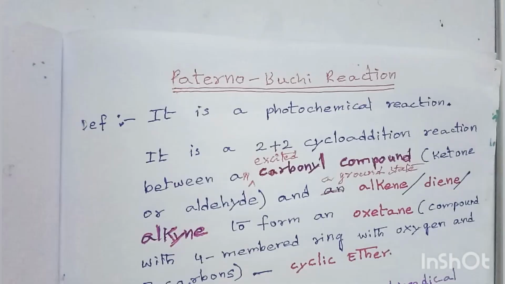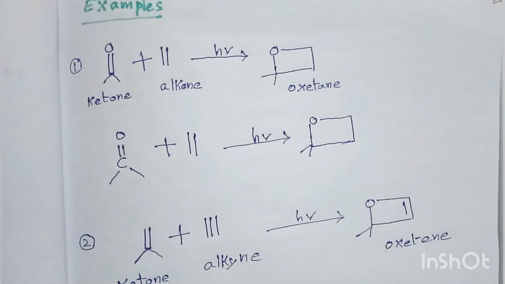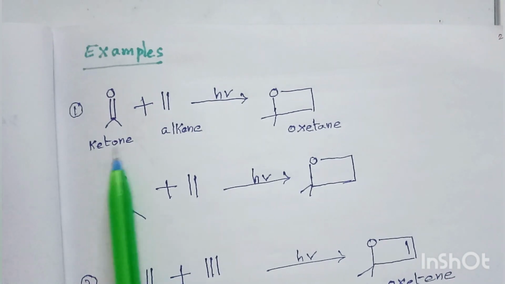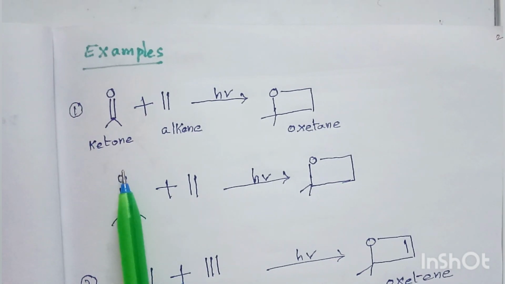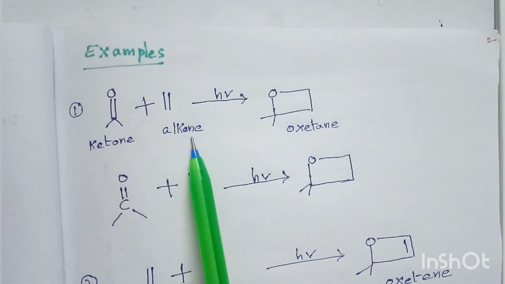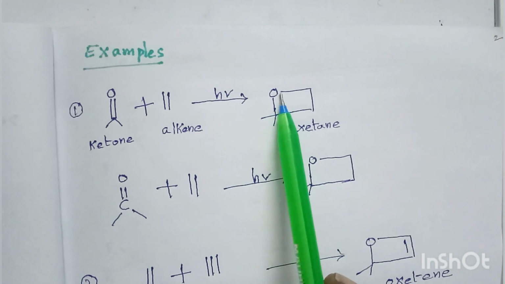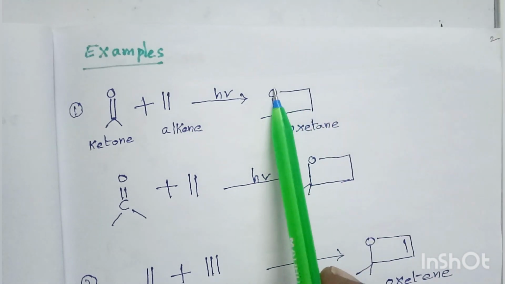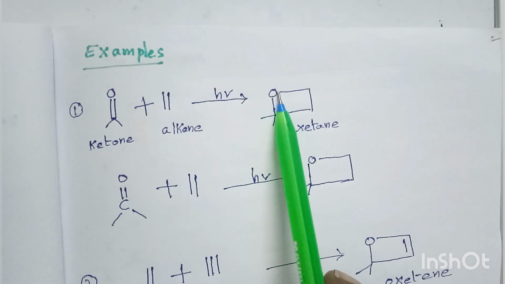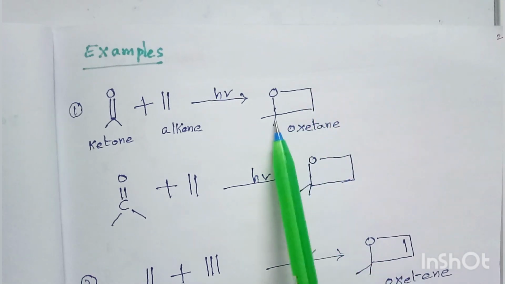Let us see some examples. So, as you know, this is a ketone and this is an alkene. In presence of UV light, a 4-membered oxetane ring is formed with an oxygen and 3 carbon atoms.